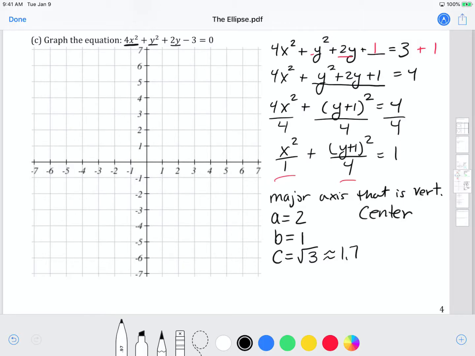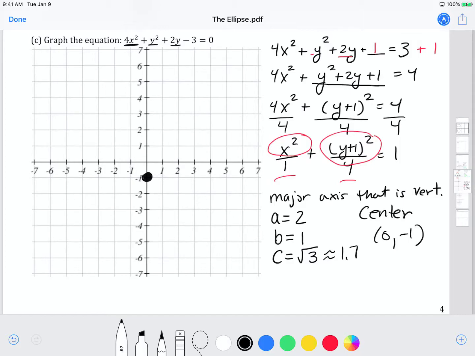My center, if you notice, since my horizontal term doesn't have a shift, my value of h is 0. But I am shifted on this one vertically, so my center is going to be 0, -1. So this is going to be my center right here at 0, -1.